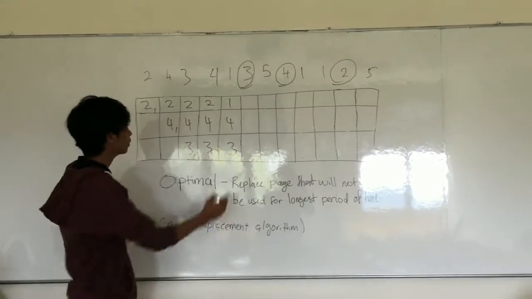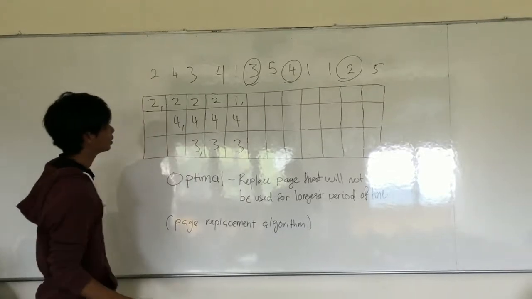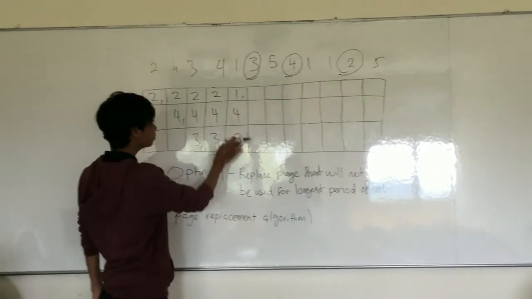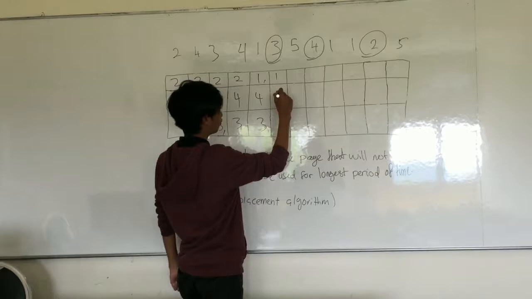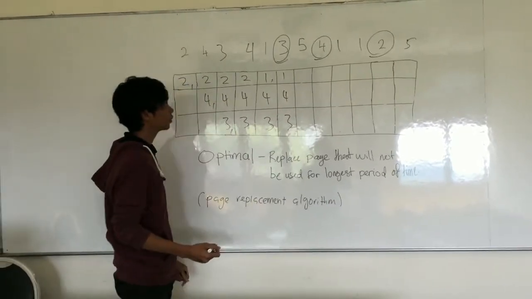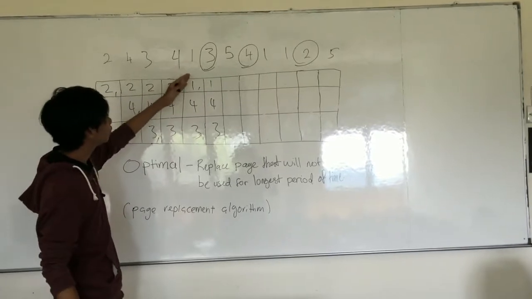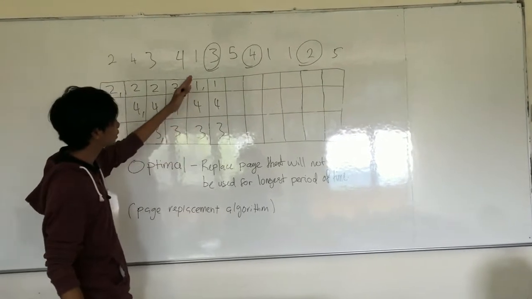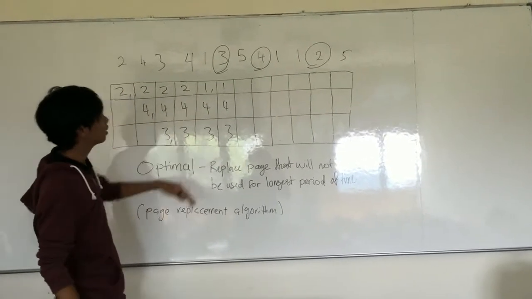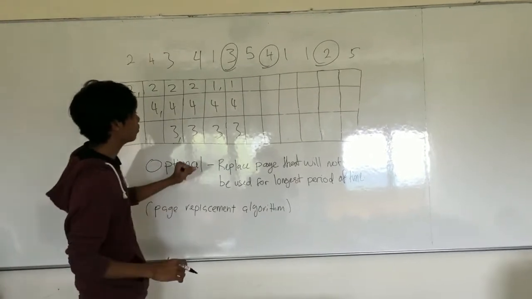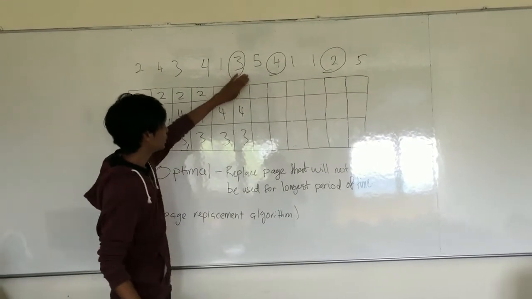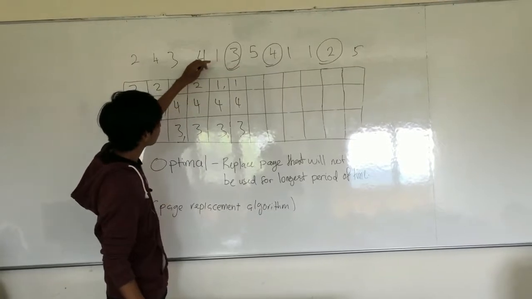Okay. So the next number will be number 3. We have number 3 in our column, so we just copy back 1, 4, 3. So the number 5. What we have to do is the same thing as number 1. We look at the numbers in this column. We look at which is the longest, the replacement page that will not be used for the longest period of time.